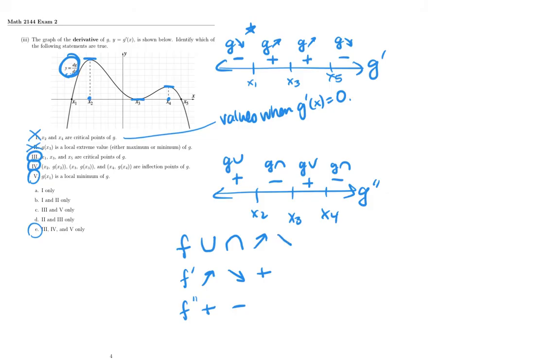And if F is decreasing, that means F prime is negative. Looking down through here, when F prime is increasing and decreasing tells me when F double prime is positive or negative, and it tells me when F is concave up or down.